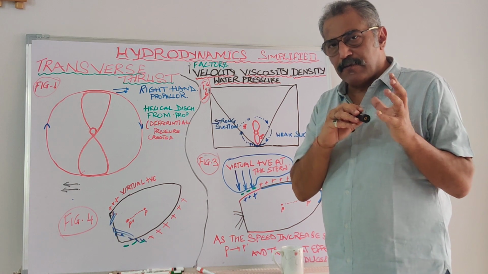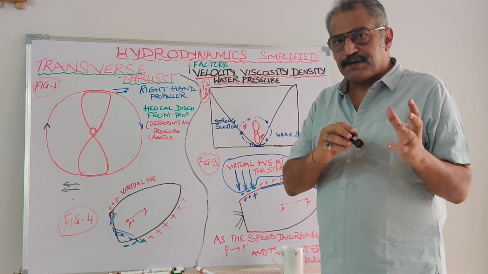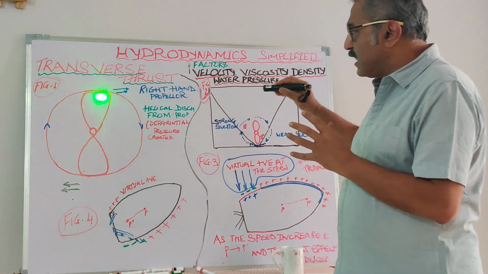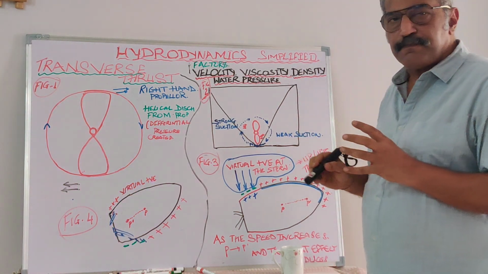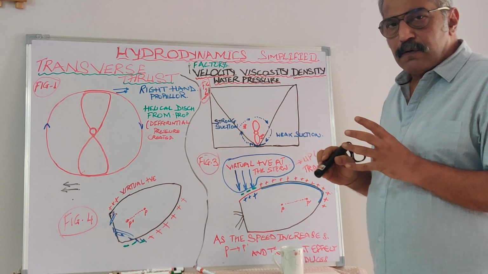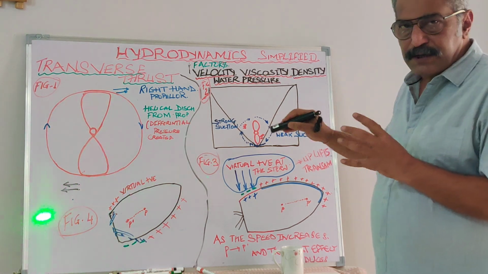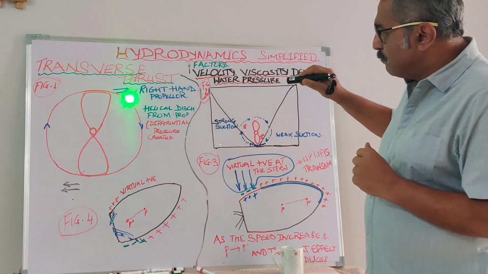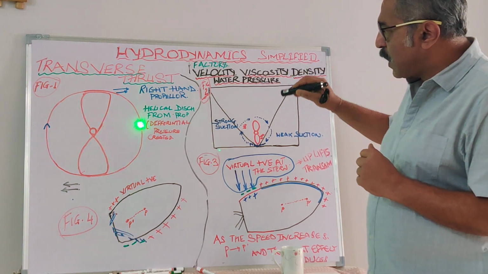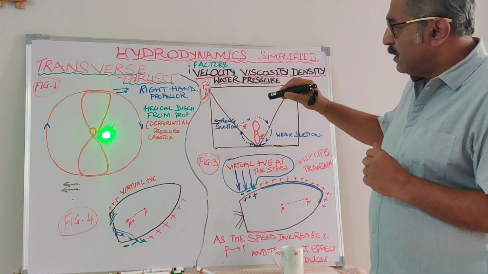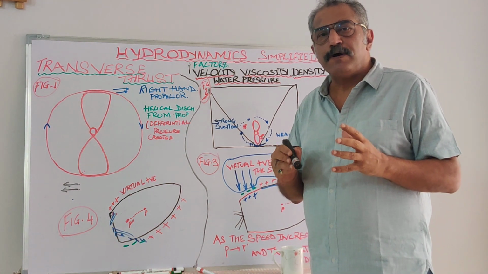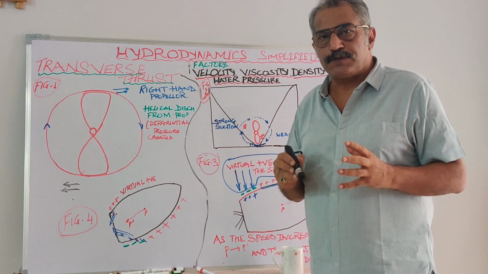So come with me in a hypothetical situation where this is a centrifugal pump. When this impeller is turning clockwise, see what is happening. It is creating a force by the name of centrifugal force.